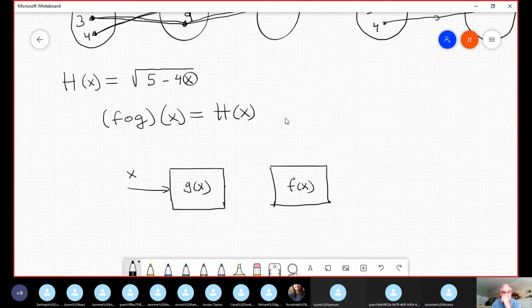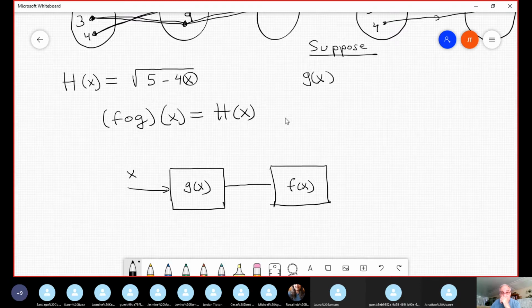The function g processes the information like this. Look, this is a supposition: g of x is 5 minus 4x. This is the expression that represents that function. Then, in the output, I have y equal to 5 minus 4x.